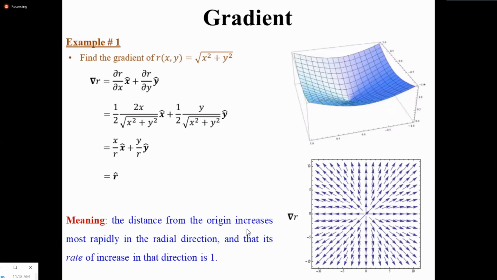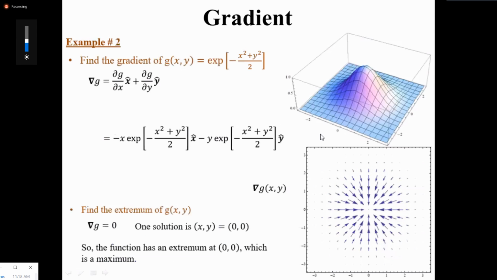That the distance from origin increases most rapidly in the radial direction, because this del r gives the direction of the maximum increase or maximum change. So obviously this r, which is distance, will increase most rapidly in the radial direction. That is also obvious from this function, which I have plotted at the top here.